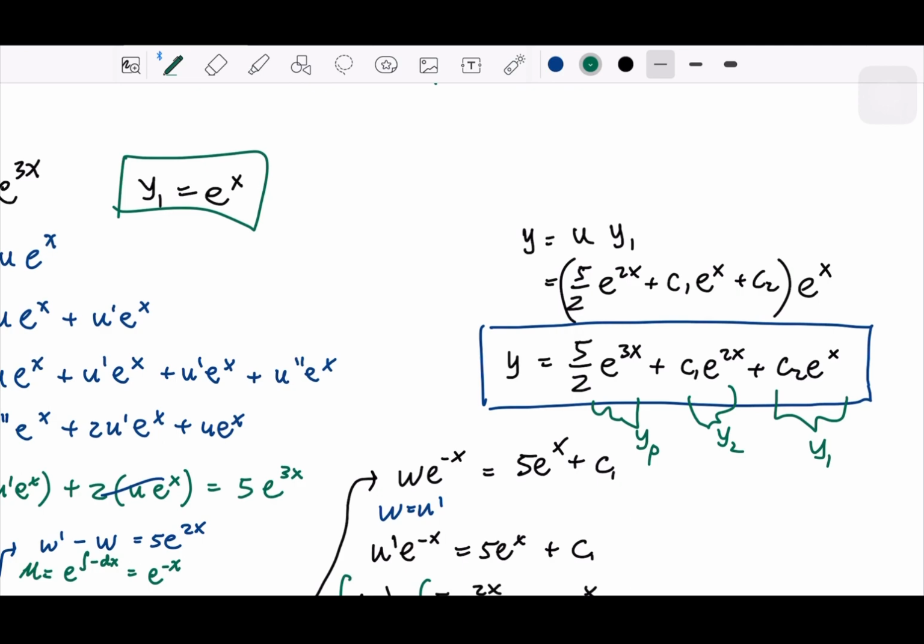But the important thing here, we need to identify at the end, especially for the non-homogeneous one. For homogeneous, the answer will be directly the solution itself. But for non-homogeneous, we need to identify. Sometimes the question is asking what will be the yp, and we need to identify which one is our yp.